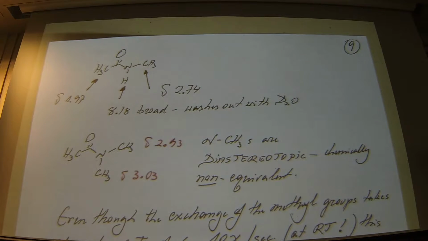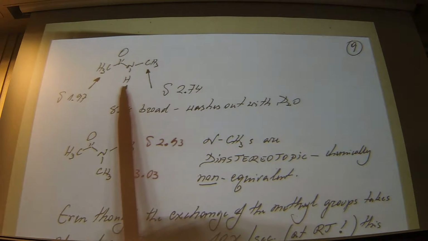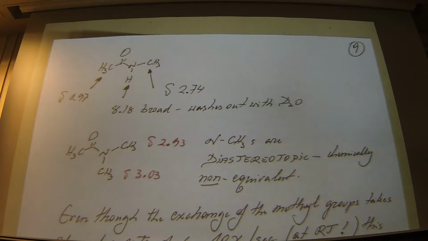So in other words, if I have a peak that I suspect is an OH or an NH, I just take my NMR sample, I add a little bit of D2O, shake it up, and then that peak should disappear because of the exchange. Okay, so this would be the NH. Now, sometimes, depending on the concentration, how much water there is in your sample and so on, these peaks can be really broad to the point where you may not even see them because they blend into the baseline.